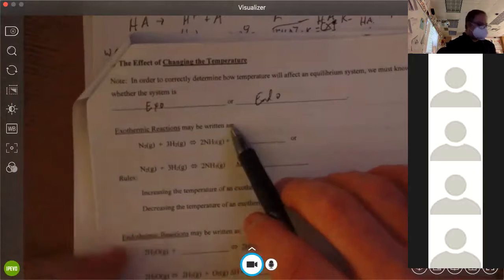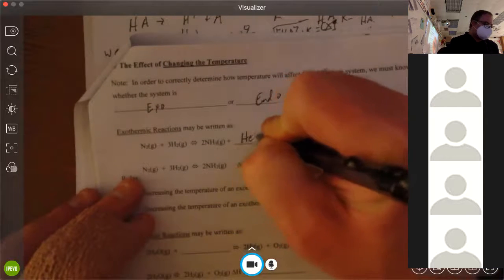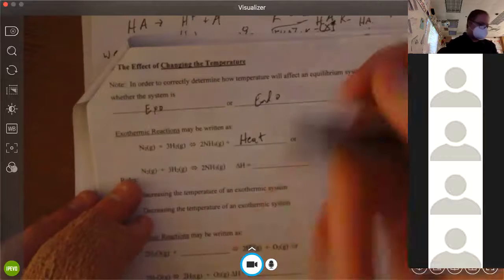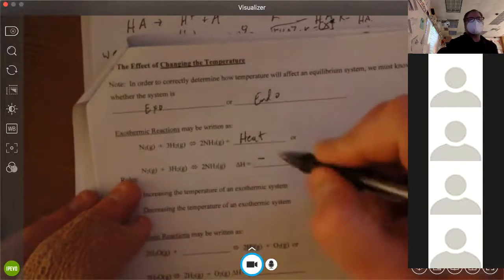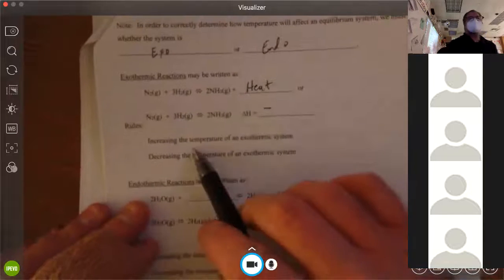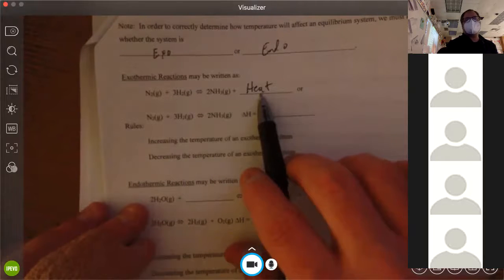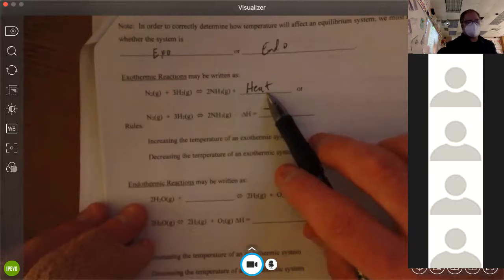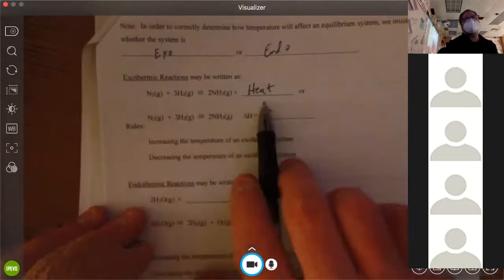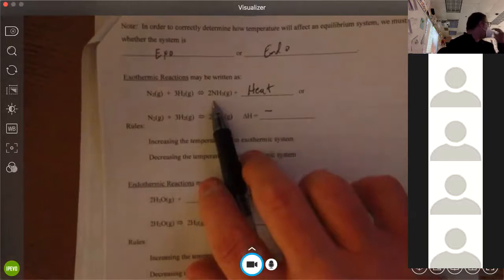Exothermic may be written as reactants yield products plus heat, so heat is a product. Or they could give you delta H equals negative something. That's good enough. So if we imagine heat as a product, if we pull heat out, the system will make more heat, just as if we were to pull NH3 out, the system will make more NH3.